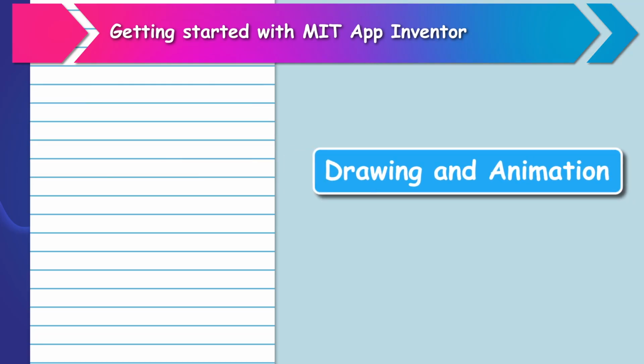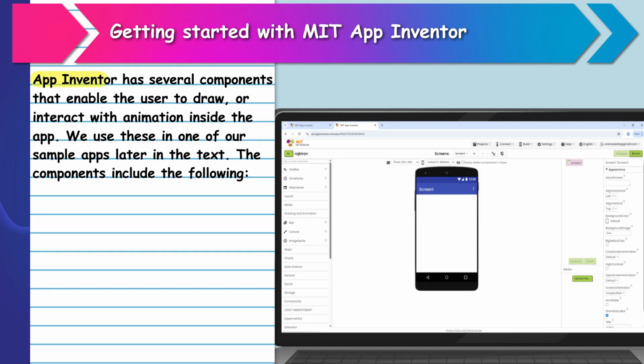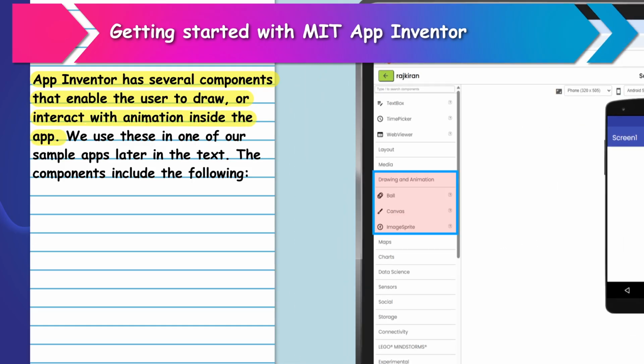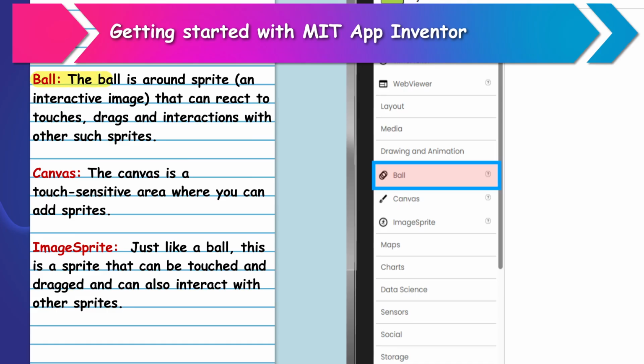Drawing and animation. App Inventor has several components that enable the user to draw or interact with animation inside the app. We use these in one of our sample apps later in the text. The components include the following. Ball. The ball is a round sprite, an interactive image that can react to touches, drags, and interactions with other such sprites.